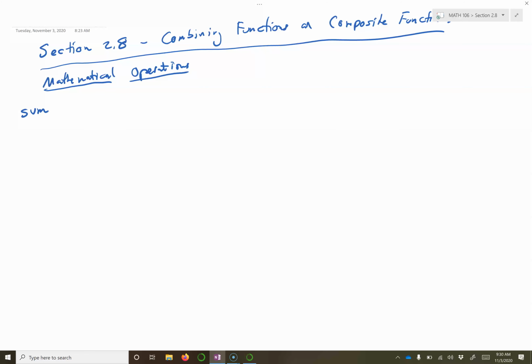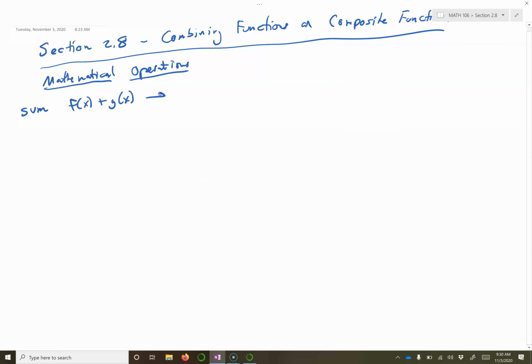So if we wanted to add 2 functions, so let's say f of x plus g of x, you can write that as f plus g of x, okay? So this is the notation functionally. You wouldn't just see f of x plus g of x, you'd see that, okay? But that just means you're adding them together.